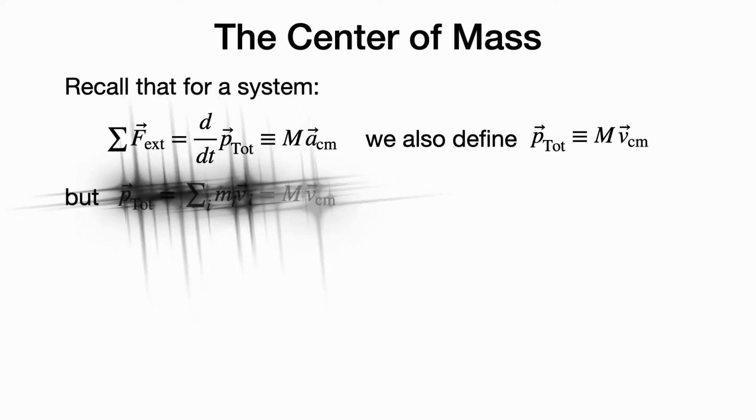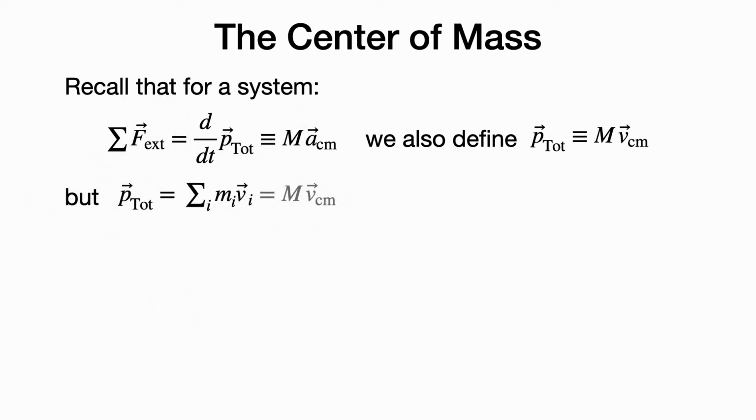But we also remember that the total momentum is given by the sum of the momenta of the individual particles in the system. That is the sum over the individual masses times their respective velocities. But this is also still equal to the total mass times the velocity of the center of mass.